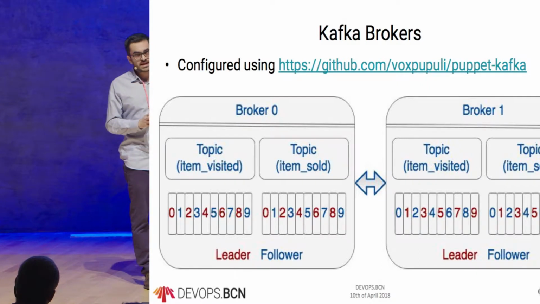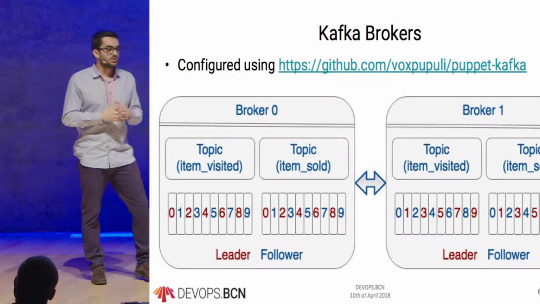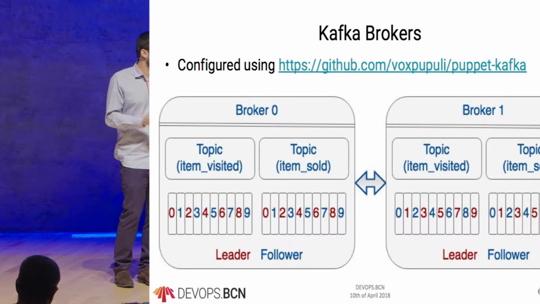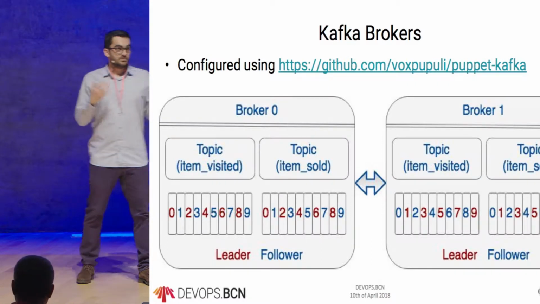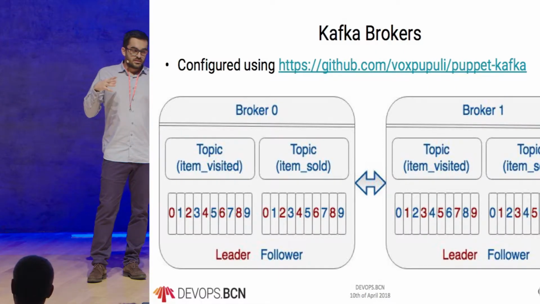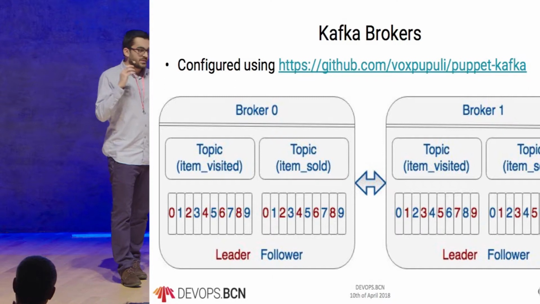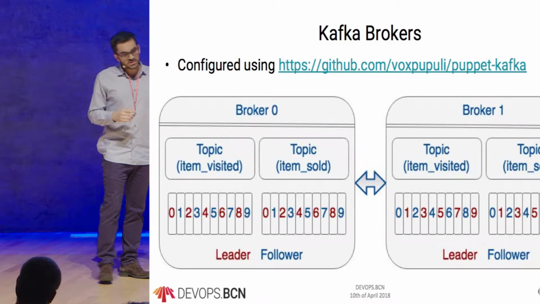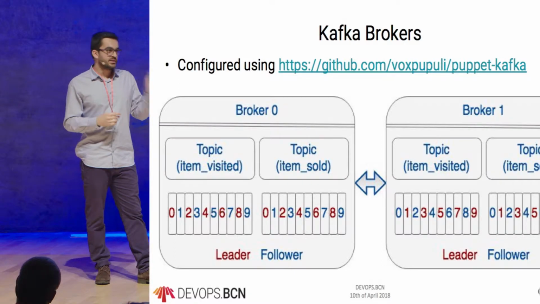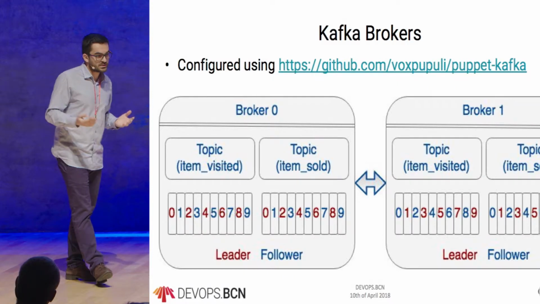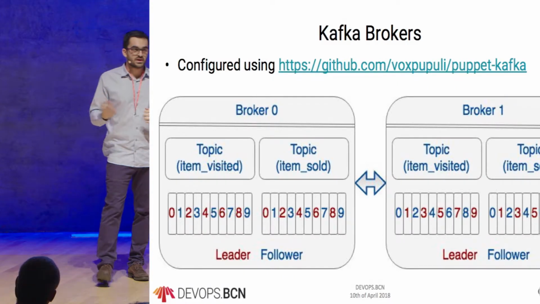Those domain events are stored in one broker, inside the topics. The topics have different partitioning. You can have 10 partitions, or you can have 100 partitions. It depends on your application and how you are going to produce and read that data. So imagine we have our topic item visited, and we have 10 partitions. In each server, you will always have one leader partition. As you can see, the red ones are leaders, and the blue ones are the followers.